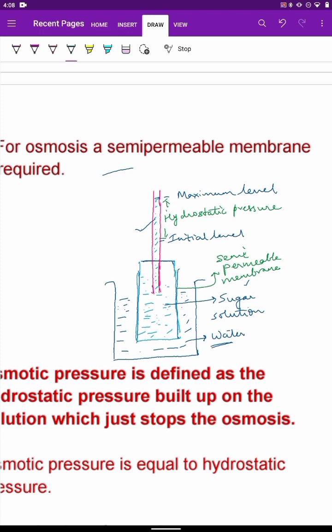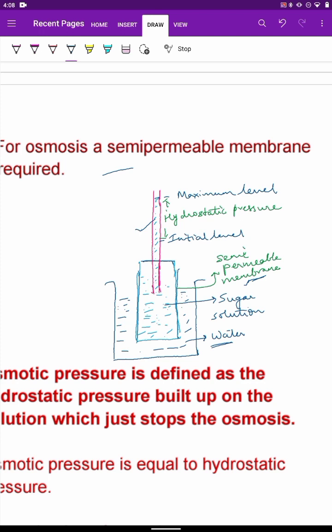Then we find that after a certain amount of time the level becomes stationary. So this is the equilibrium state. At this state the hydrostatic pressure of the liquid column balances the tendency which enables the water to pass through the semi-permeable membrane. Through this membrane water molecules were entering inside, but when equilibrium is reached, the level is not rising in this tube.